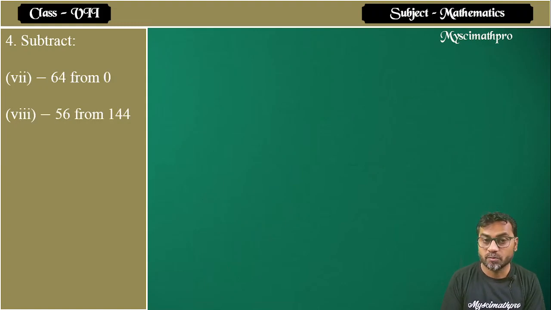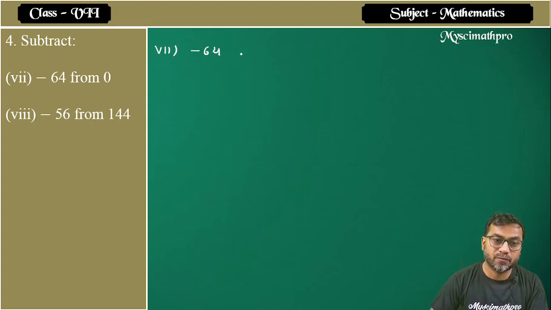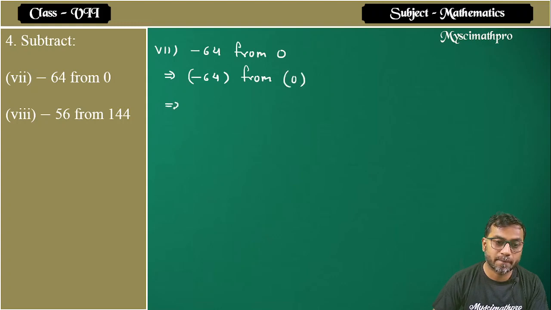Let's solve two more questions. So student, question number 7, minus 64 from 0. So according to method, we write minus 64 in bracket, we write from, and we write 0 in bracket.